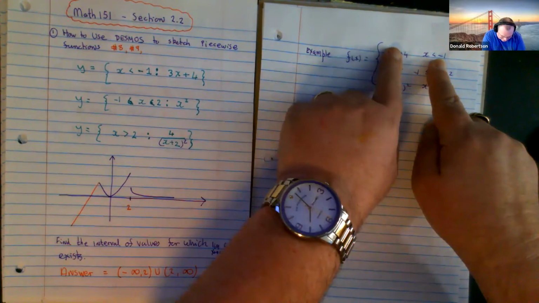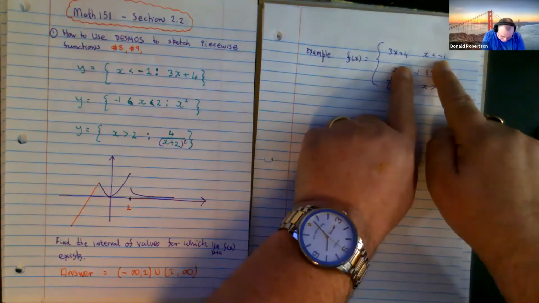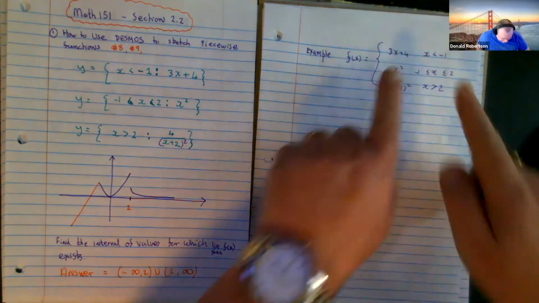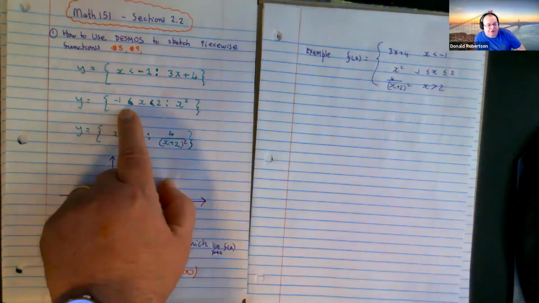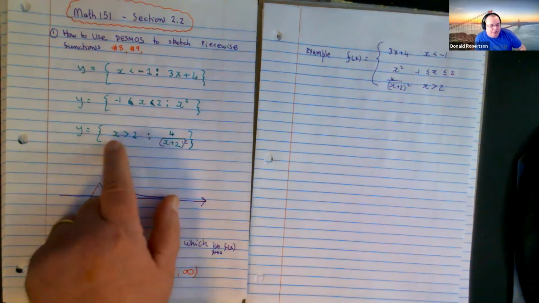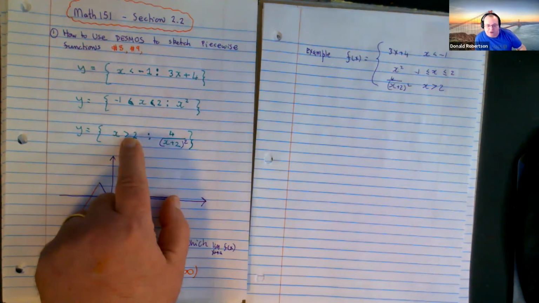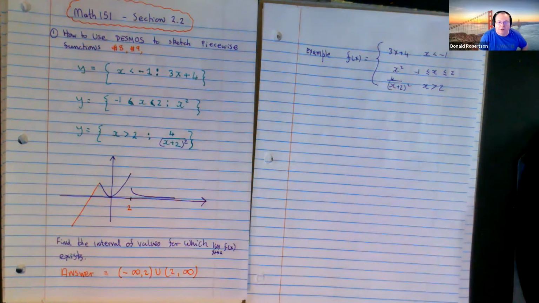So it's like you switch places. You put that first, colon, and then that. And then the middle one, you put an x squared. And for the greater than, that's the last one, you put in the fraction. So I'm now going to show you me doing that so you can get an idea of what it looks like.